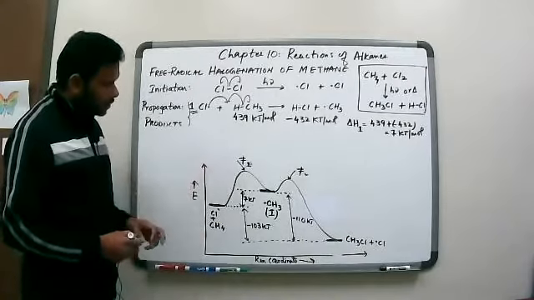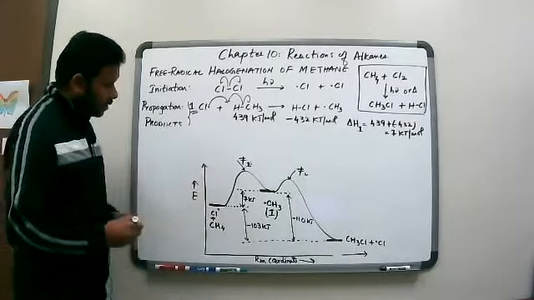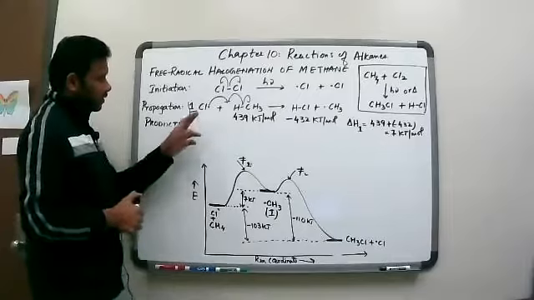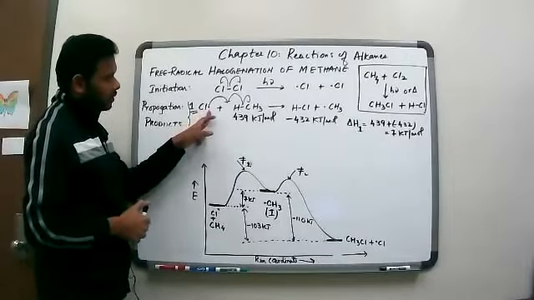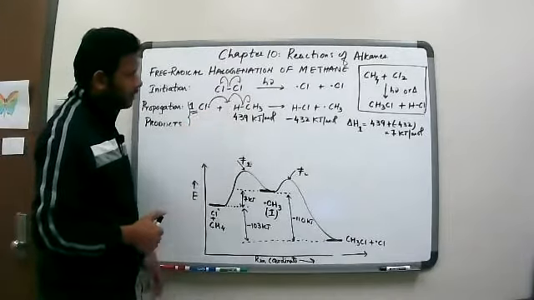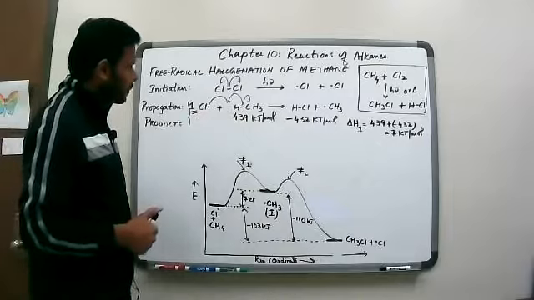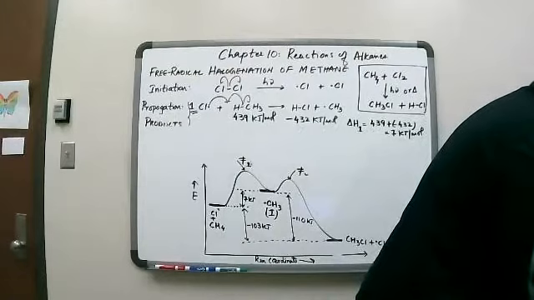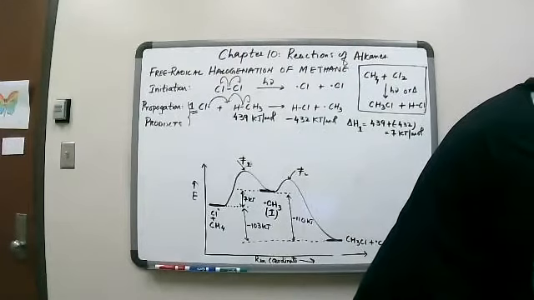So those are our transition states, and in this particular case, since the first propagation step involves the reaction between a chlorine radical and the methane molecule here, we can go ahead and then draw the structure of the transition state. Let me just confirm something quick. Yeah, so we can go ahead and draw the structure of the transition state here.